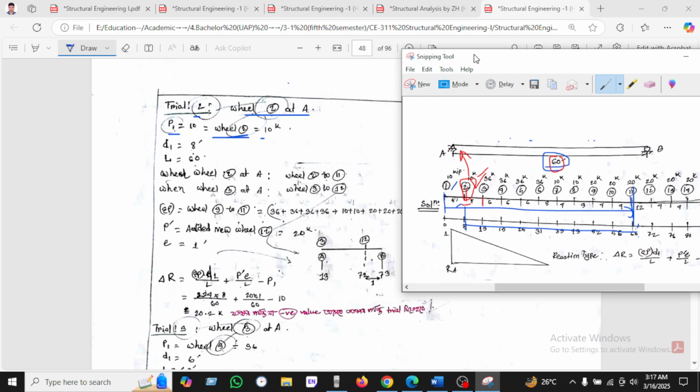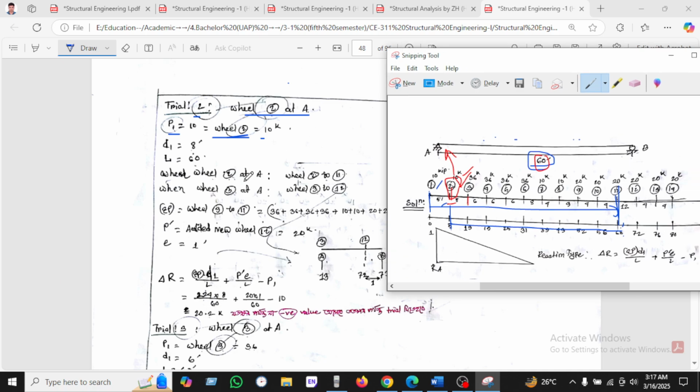So now we have to understand when wheel 2 is at A, our wheel will be carried over the 11. Then wheel 3, when wheel 3 is placed here, we have to go to wheel 12, as we have been seeing here.